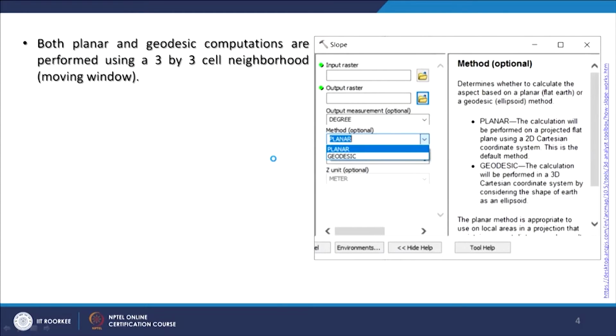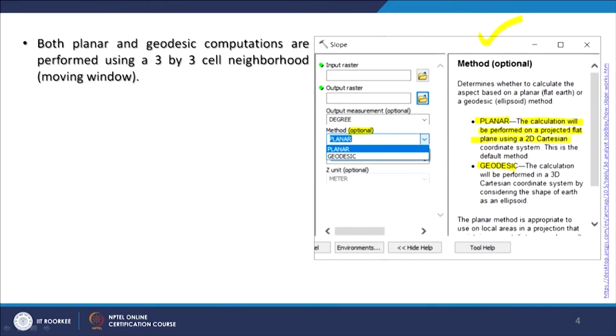If I take the example of ArcGIS, you provide an input raster and of course an output raster. When you go for this method, which is optional, otherwise by default it is planar, the two methods as we are discussing are introduced. The planar calculation will be performed on a projected flat plane.